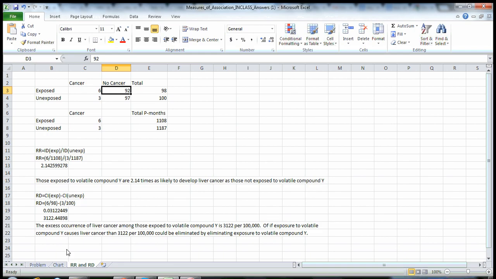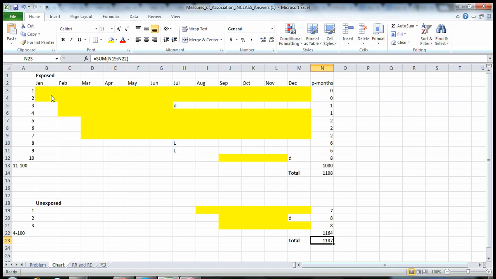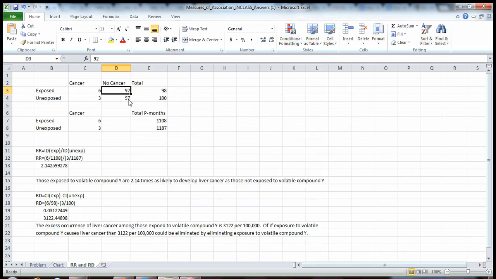So let's go back to our chart. There are 2 people that we need to knock out because they were not at risk at the beginning of the study. So that leaves 92 people who were at risk of developing disease but did not. Plus 6 at risk at the beginning who did develop disease, for a total of 98.